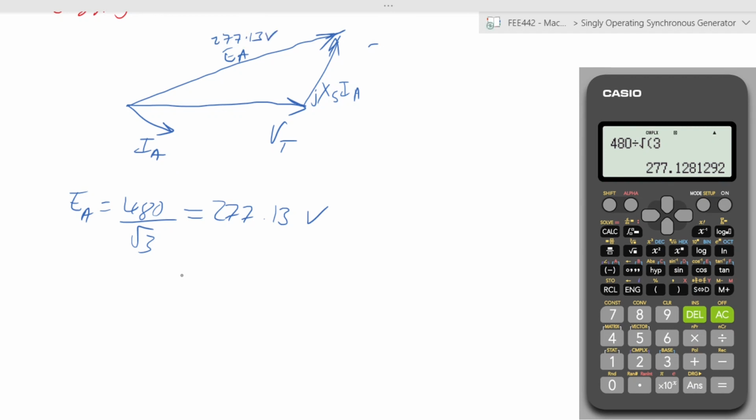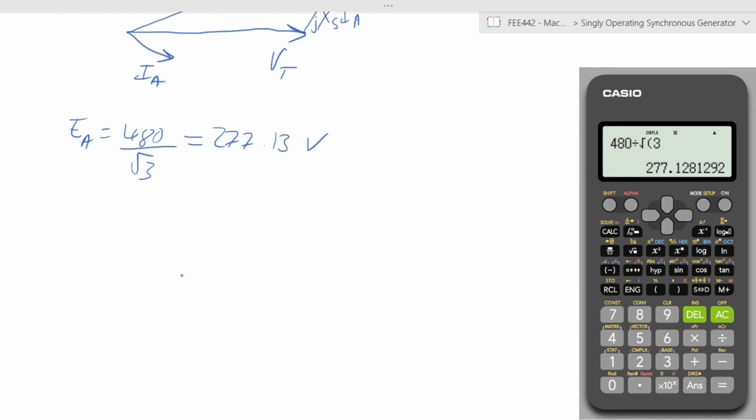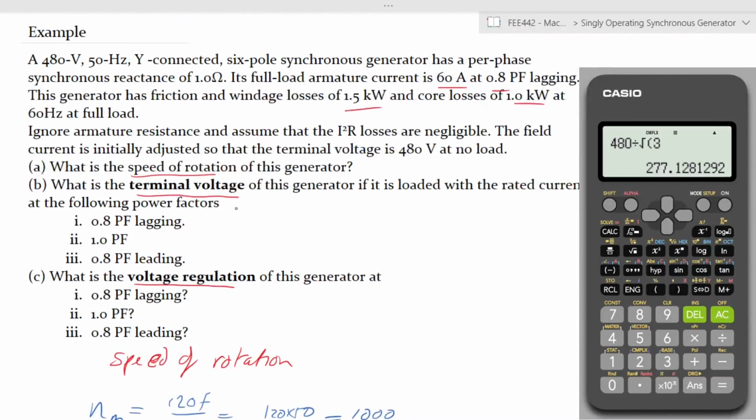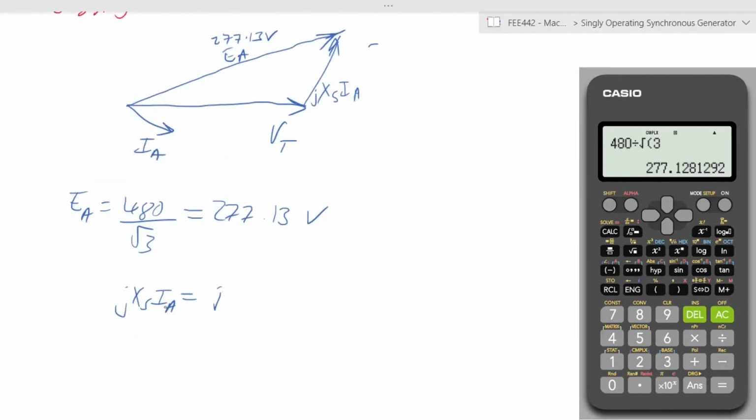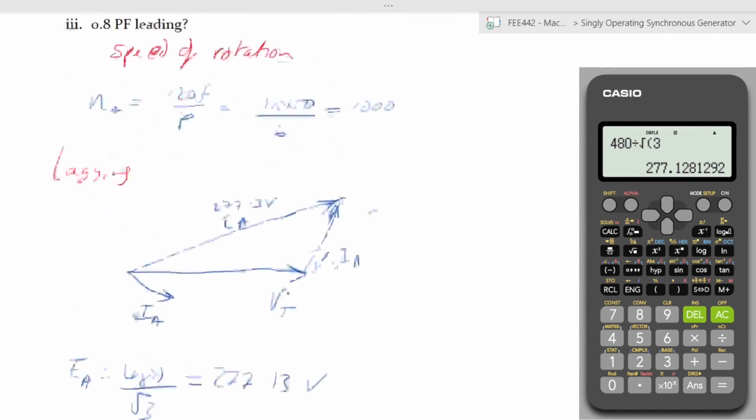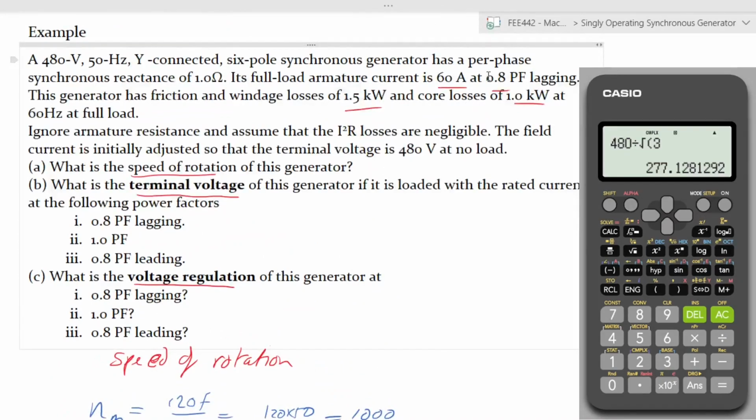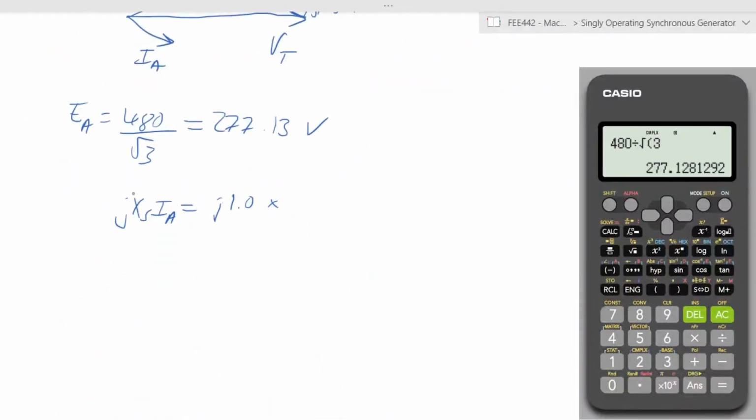Okay. At an angle to be determined, right? Now, what are the values of JXSIA? This will be given by J times XS, which is 1 ohm, times IA. What is IA? IA is 60 amps at 0.8 lagging. 60 amps at 0.8 lagging.